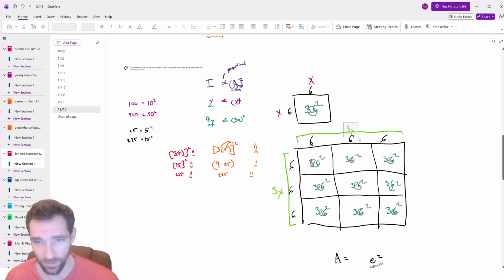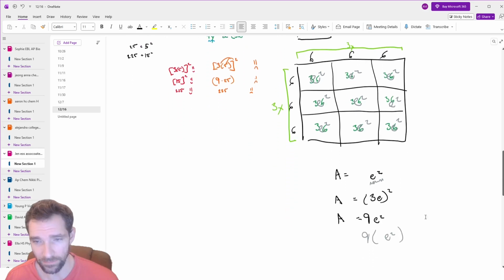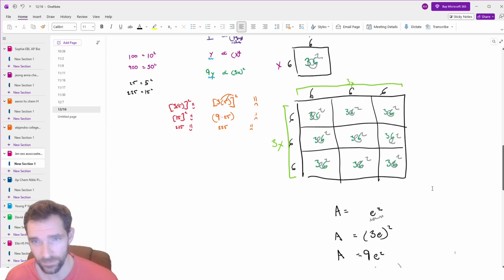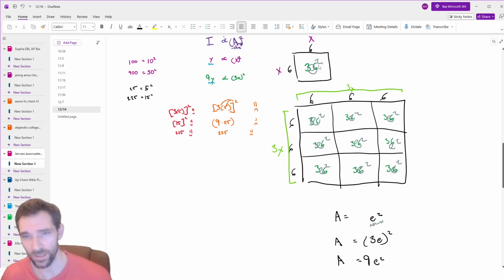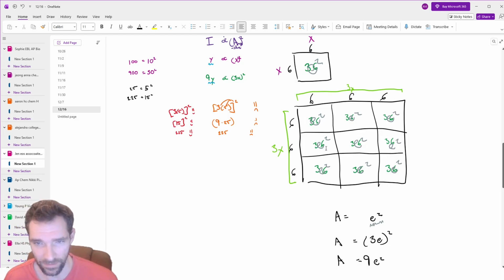And when you have 3x, you end up having 9 sets of x squared, because the edges are being squared. You can see that I've got 9 of them laid out in front of us here.